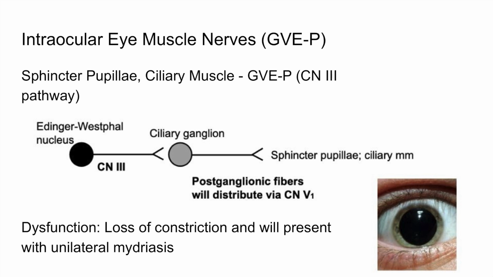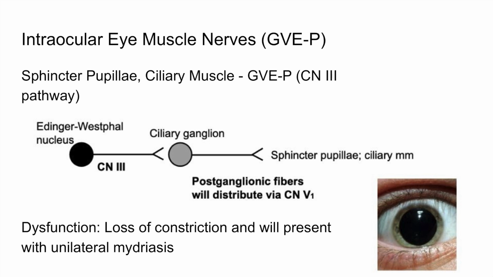And this is important because these fibers are riding along cranial nerve 3, but they are not responsible for eye movement, right? Which is the big thing behind the oculomotor nerve. They are purely autonomic, okay? So once these fibers reach the ciliary ganglion, they synapse, and that's your one and only synapse in this pathway. Then after that, the postganglionic fibers leave the ganglion and hitchhike along branches of V1, specifically the short ciliary nerves, to reach their targets.